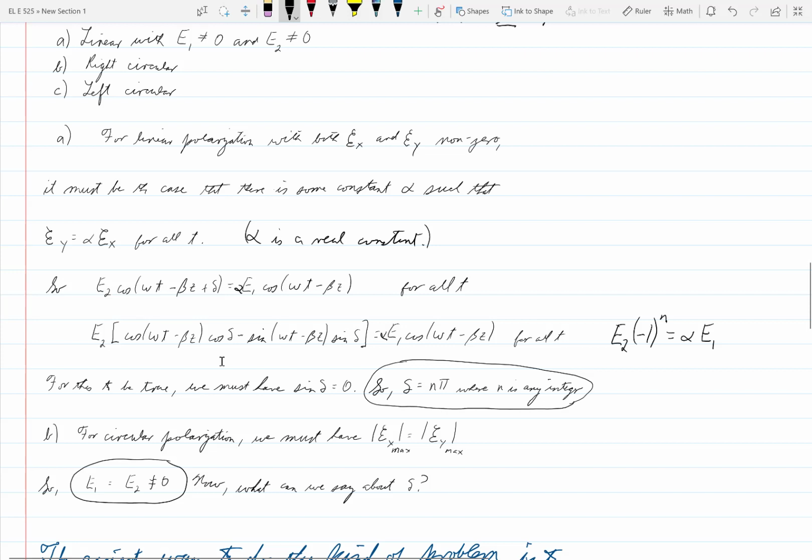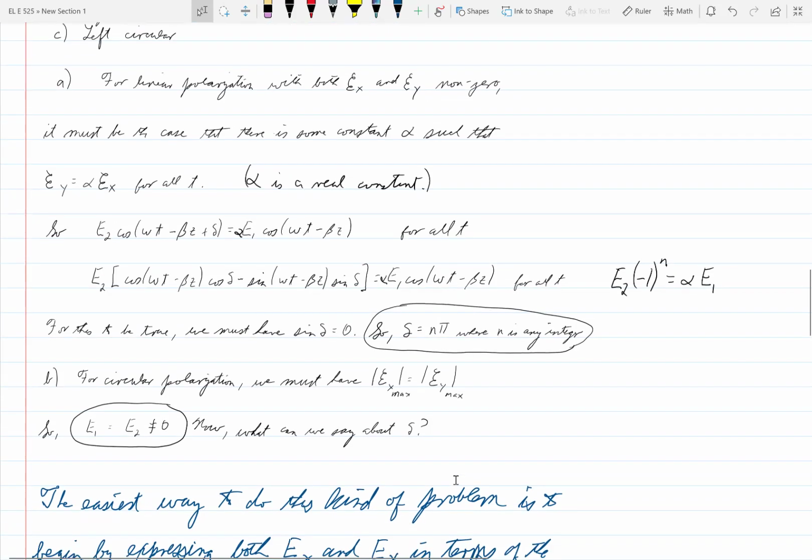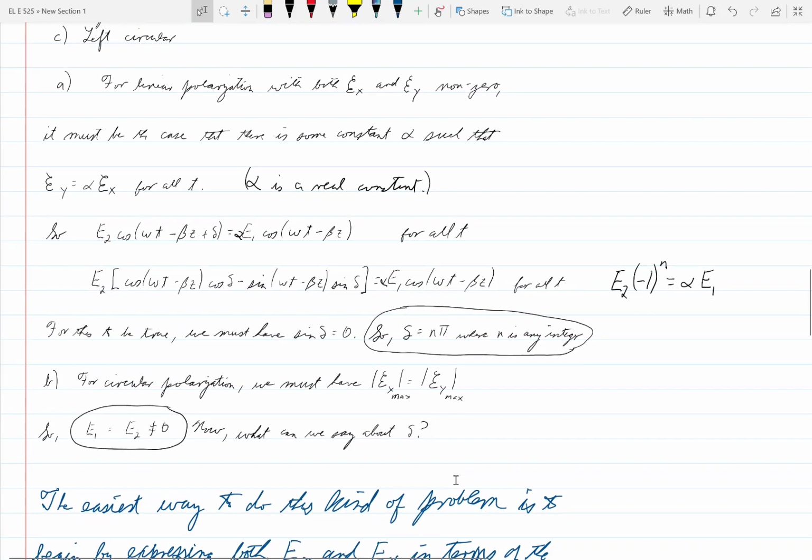That would be the relationship between E1 and E2 and alpha, where again, remember, delta is equal to n pi.